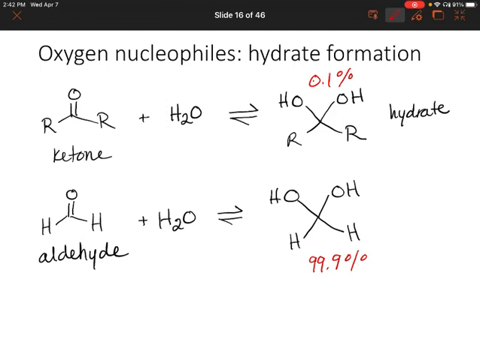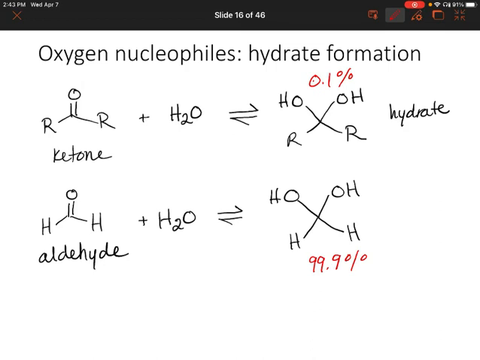So remember in the last lecture, we talked about how aldehydes are less stable than ketones, right? So aldehydes only have either one alkyl group or no alkyl groups in this case. So the carbonyl carbon isn't as blocked and it's more easily accessible.